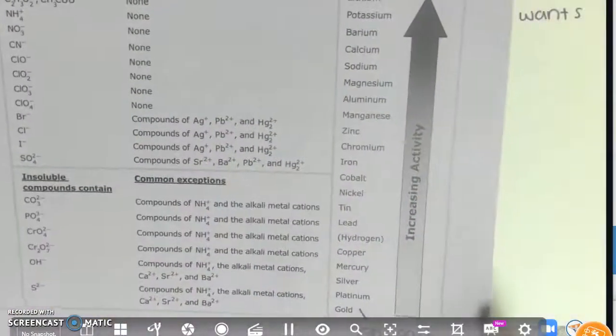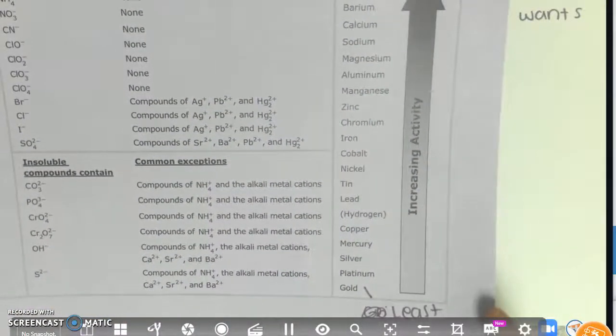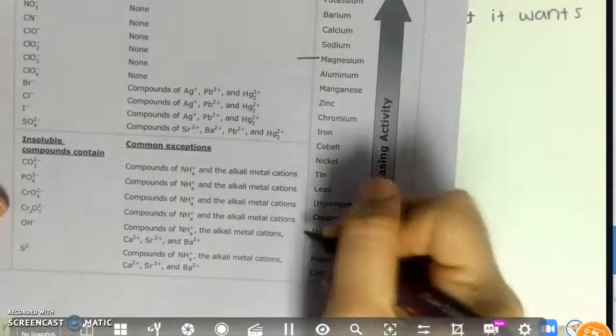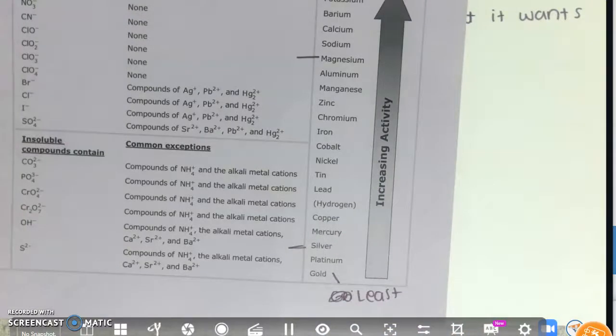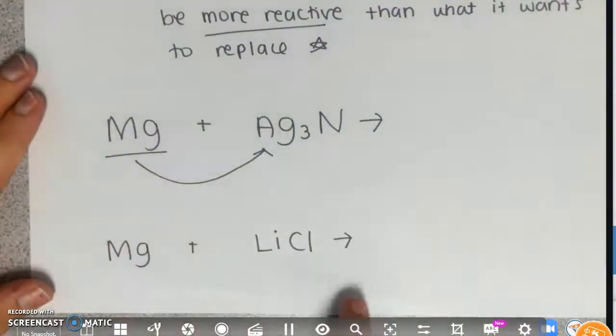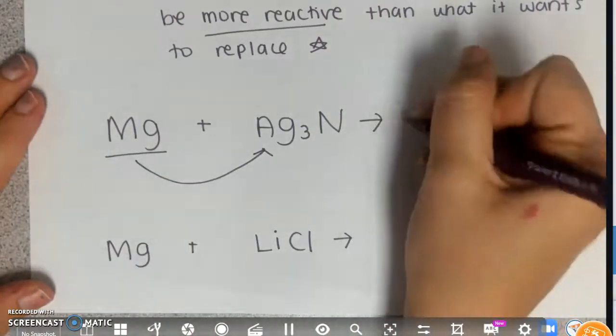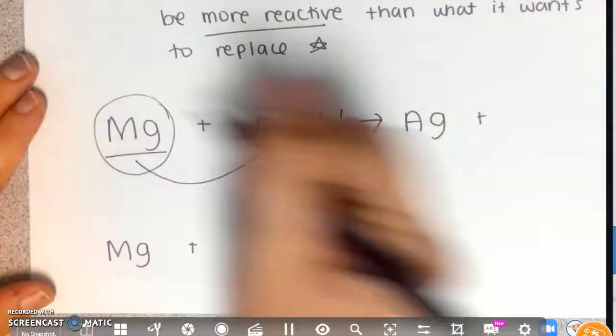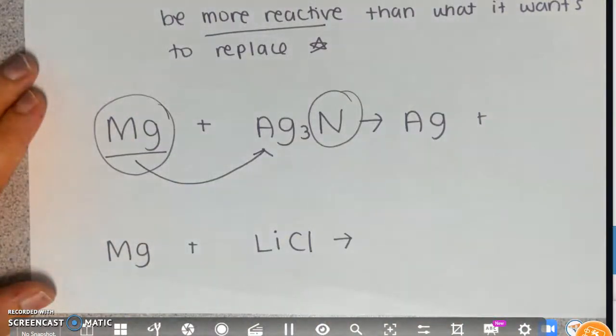And so is magnesium higher on this list than silver? Yes, it is. Magnesium is right here. Silver's down here. So because magnesium, the one that's by itself, is higher on the list than silver, this reaction happens. So now silver is alone, and the magnesium and the nitrogen will form a compound.